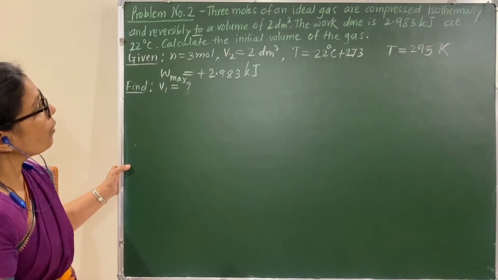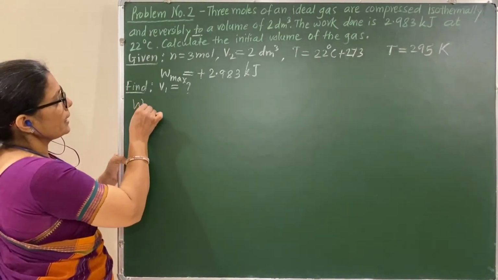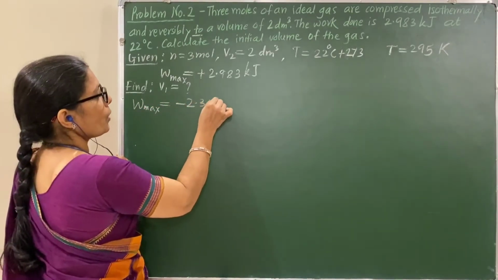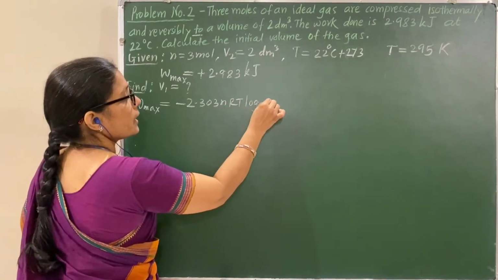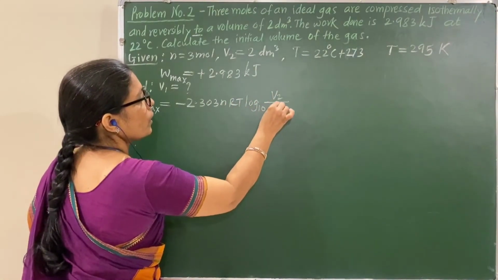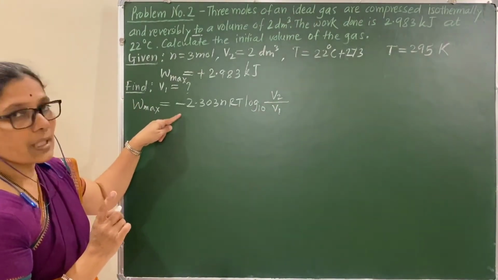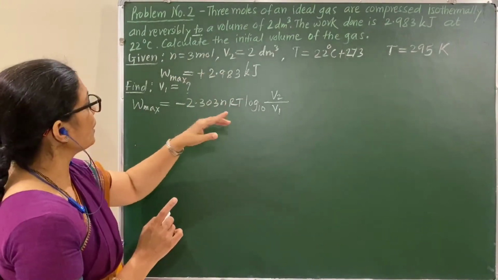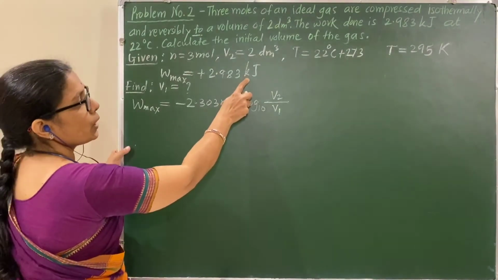Okay. Now the first thing, formula: W max is equal to minus 2.303 nRT log to the base 10. Here volume is given, therefore V2 upon V1. Always remember, before substitution, first convert the values to the required unit. Now R and W must be in the same unit. It is in kilojoule.